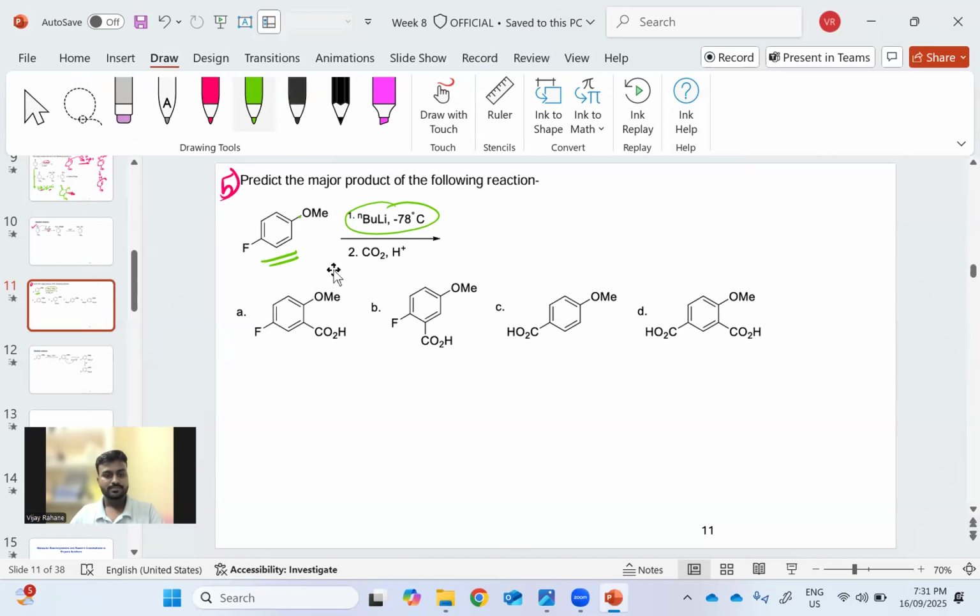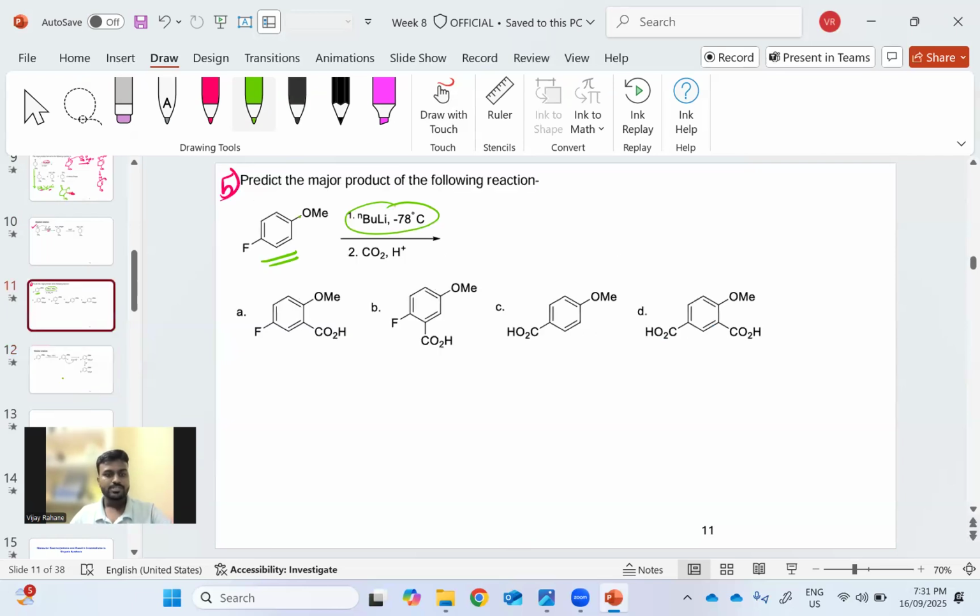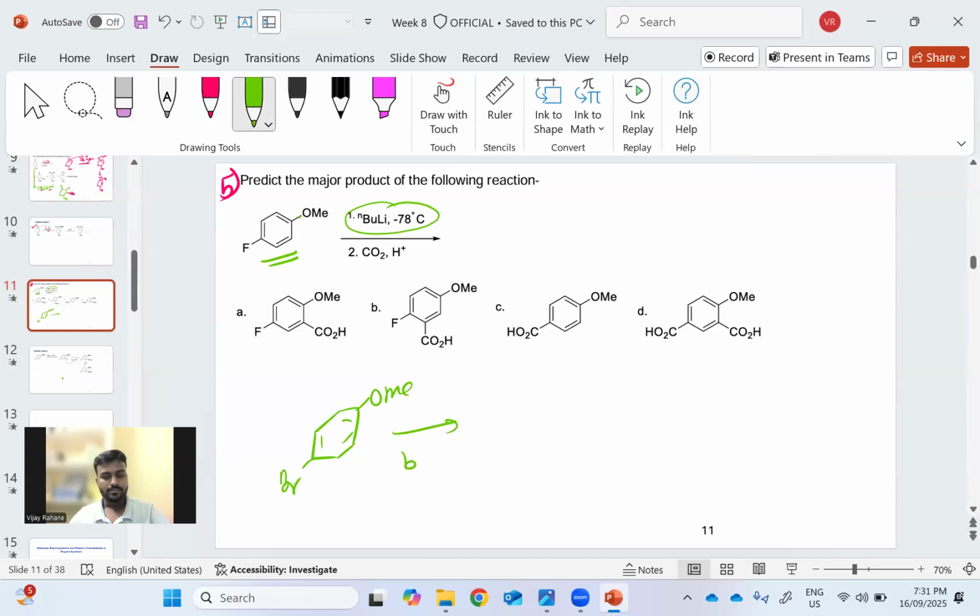In this case, as we saw in an earlier example, if we have such a group with the OMe and either the bromo with the same butyl lithium, that product we have already seen earlier. But now, if you look at the fluoro version, if you have the fluoro and the methoxy at this substituent, what will happen?